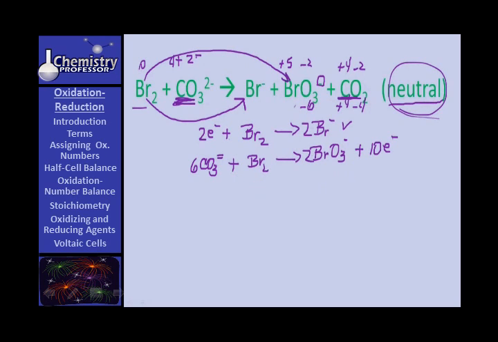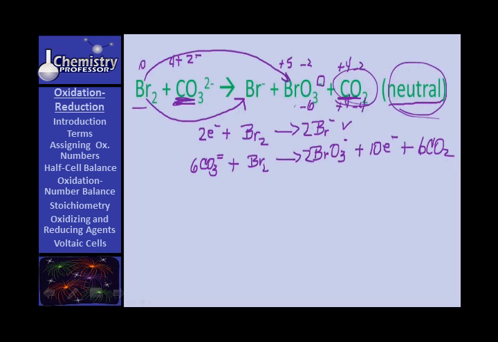Now that our charges are balanced, let's look. Is everything else balanced? Well, of course not. I just added carbon. I have 6 carbons on the left, so I'm going to have 6 carbons on the right. Therefore, I've got to have 6 carbons on the right as carbon dioxide from right here. So that's 6 CO2. Now let's check our charges and oxygen and everything.